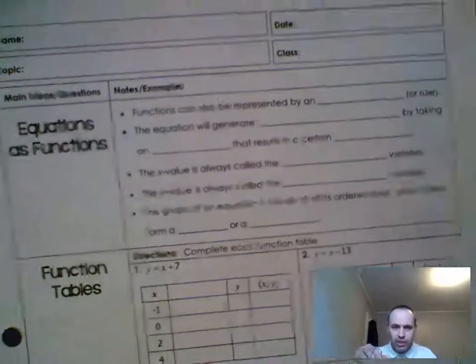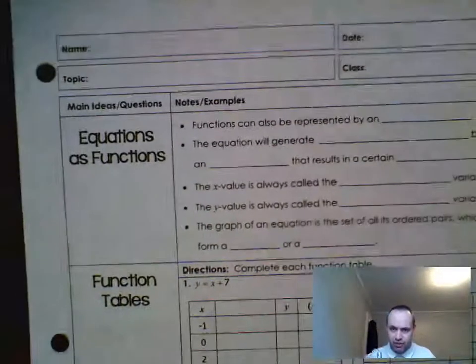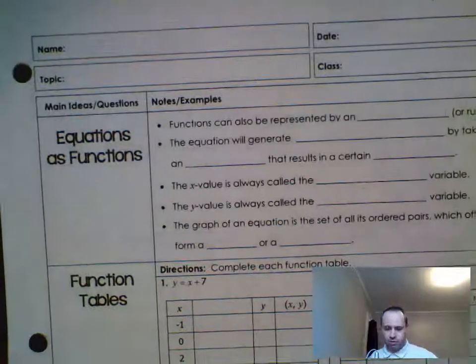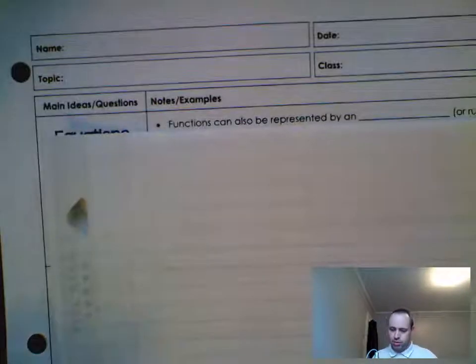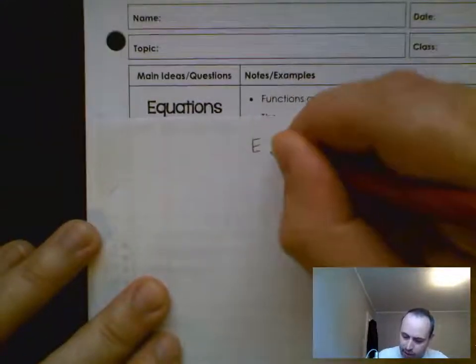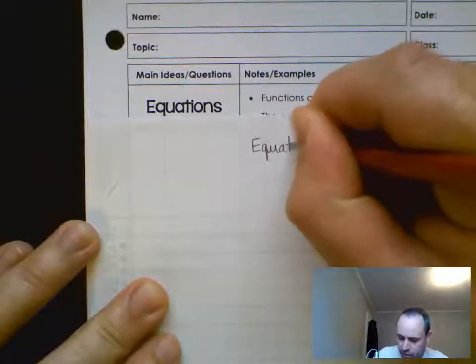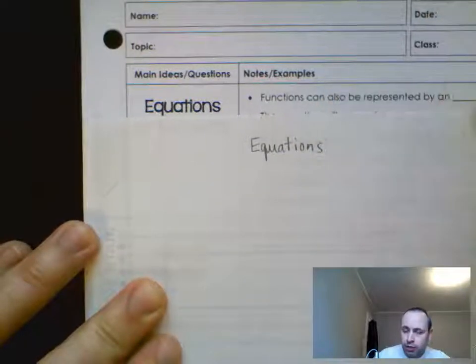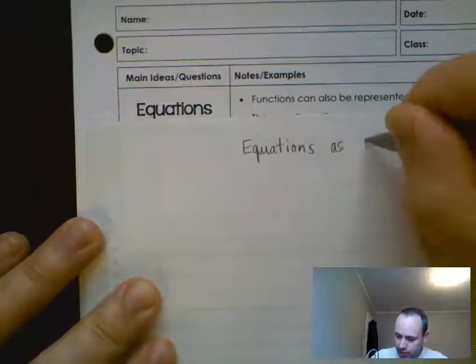Today's topic is equations as functions. So we'll write down here at the top, equations as functions.